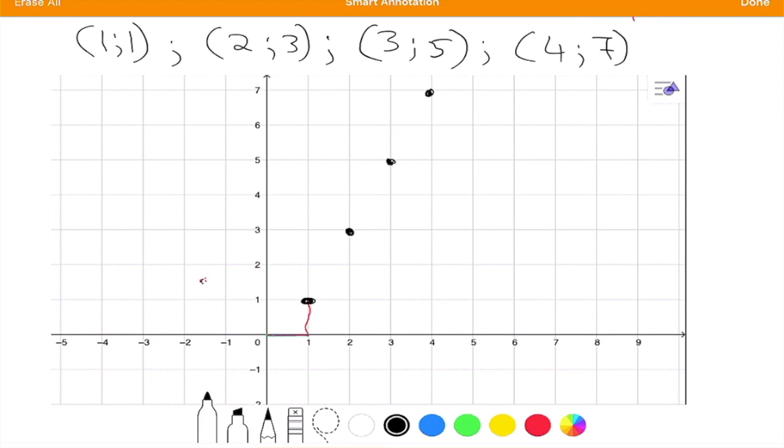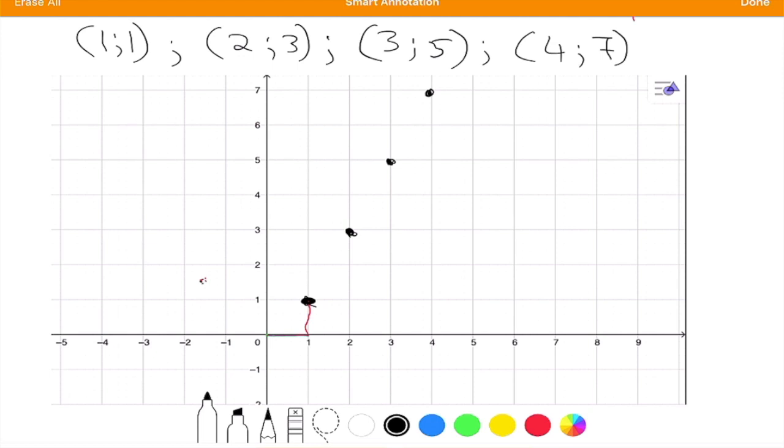Now, we cannot join these points using a ruler because we are using natural numbers for the values of x. So when x is 1, y is 1. And so we just need 1 point there. When x is 2, y is 3. So we are not interested in anything between x equal to 1 and x equal to 2.